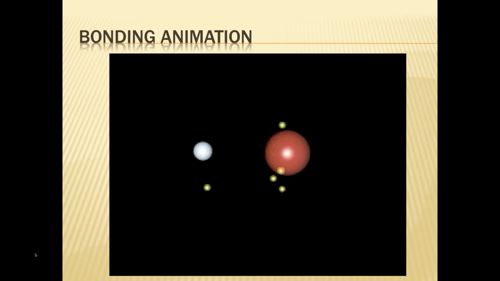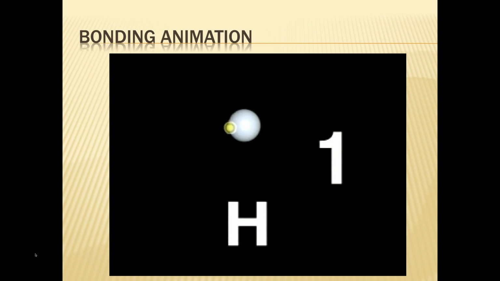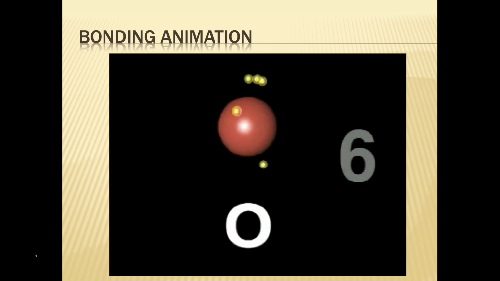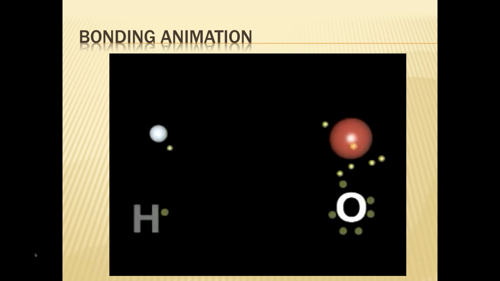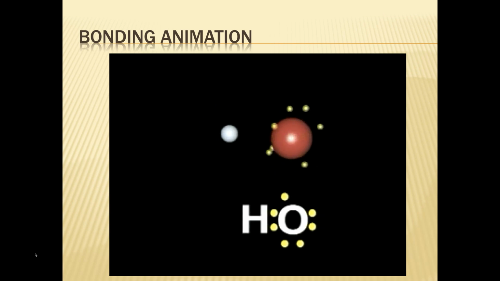Now, here we have a bond between hydrogen and oxygen. But you'll notice that the oxygen isn't completely stealing the electron. It's still sharing electrons with the hydrogen. Hydrogen only has one electron of its own. But the oxygen has 6 electrons of its own. It only needs 2 more. But it doesn't have enough electronegativity to completely remove hydrogen's electron, so they share electrons to form a covalent bond.